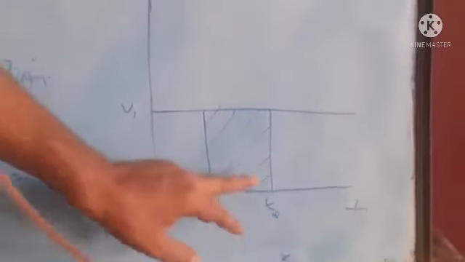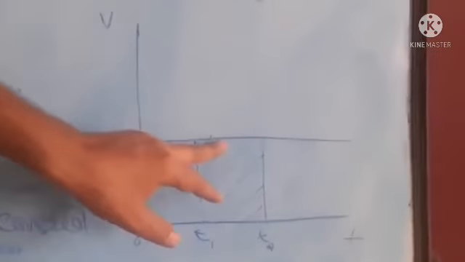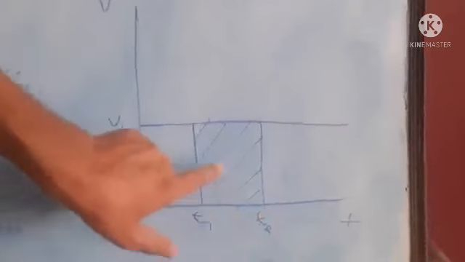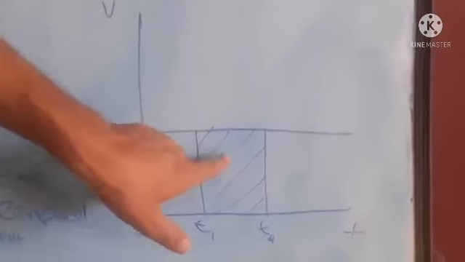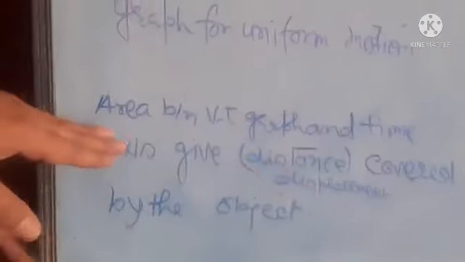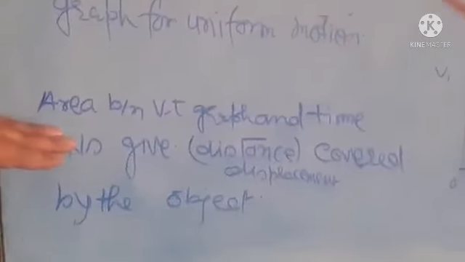Then we find the area enclosed between the velocity time graph and the time axis. Here it is a rectangle, so we find the area of the rectangle. Then we find the distance or displacement covered by the object from the VT graph.